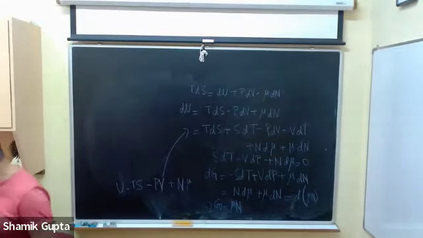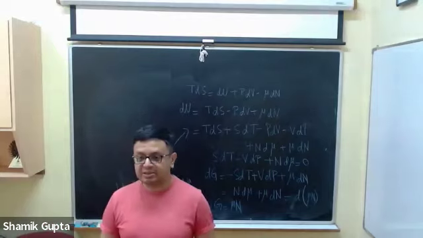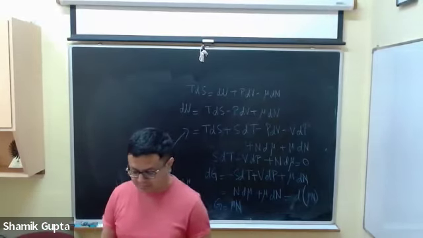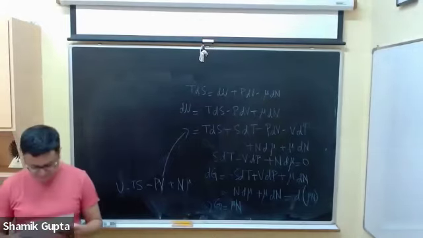So now we come back to where we left off. Namely, we were interested in finding the fluctuation in the number of particles within the grand canonical ensemble. So that we can do the calculation now. And let's see what we get.